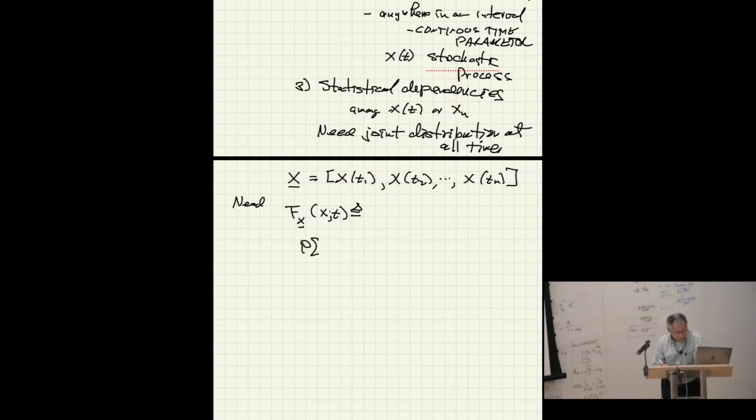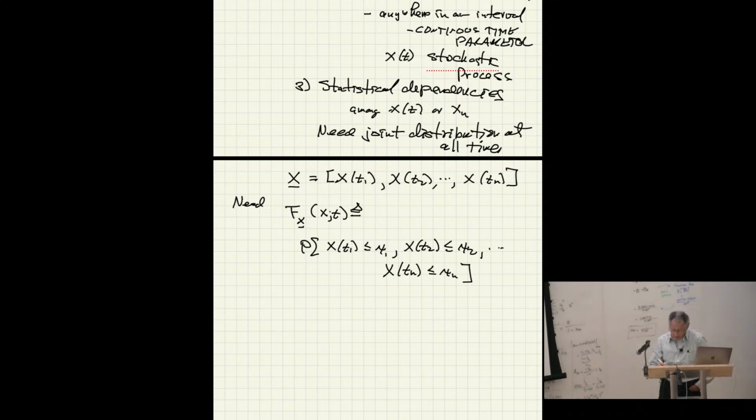The probability that x of t1 is less than or equal to x1, and x of t2 is less than or equal to x2, dot, dot, dot, out to x of tn, less than or equal to xn.